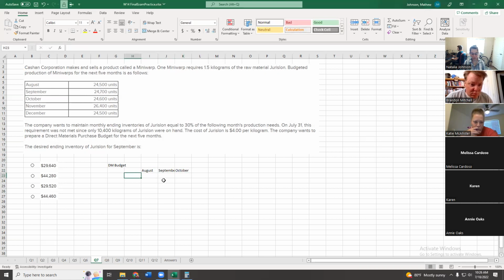We first start with the sales units. And then what do we do now? You take the units times the kilograms of raw material. Yeah, so you multiply times the kilograms.